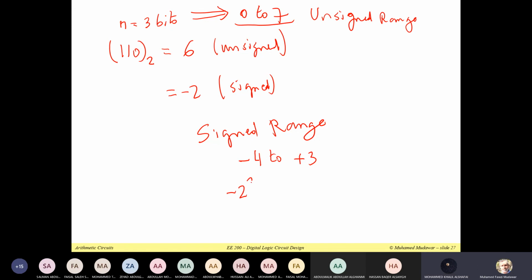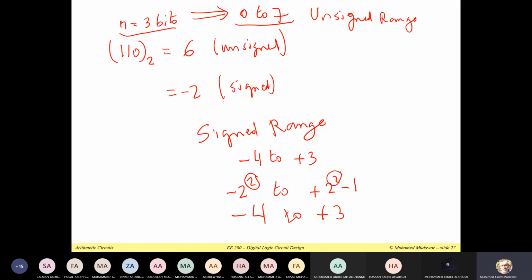It is -2 to the power 2, to plus 2 to the power 2 minus 1, because n is equal to 3 bits. So this is -4, this is +3. This is the range.